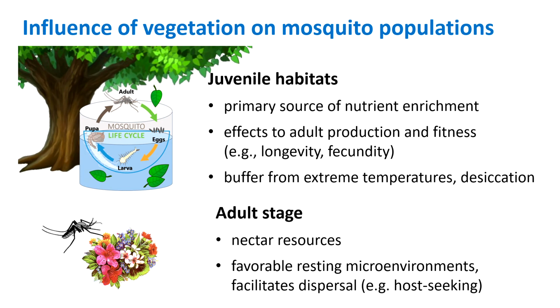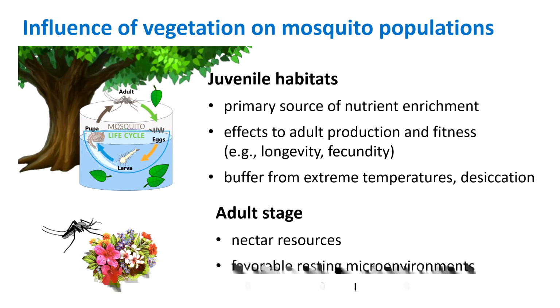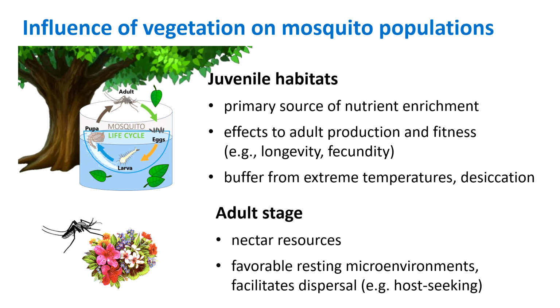environment. Decomposing leaf litter really drives these food webs, creates microbial blooms that the larvae feed on, and it really determines the sort of carrying capacity of these environments, how many adult mosquitoes are going to actually develop in a container. It can also have very profound effects on the fitness of the adults.